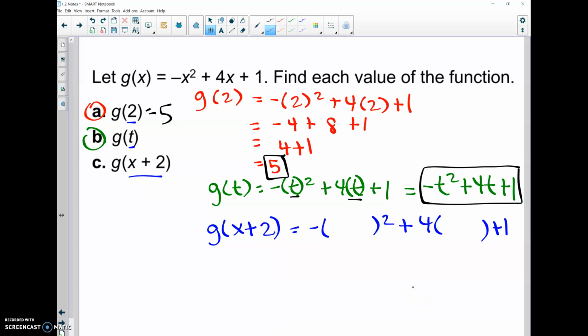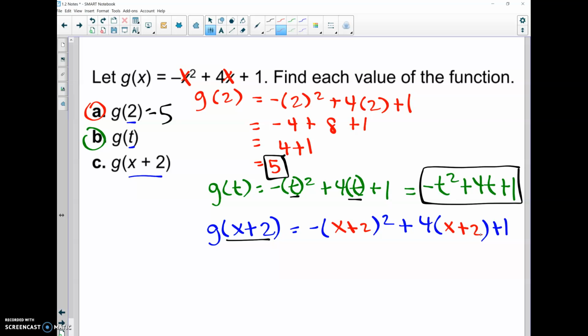Before you solve g of x plus 2, I figured I would just come down here and show you. For g of x plus 2, what you are substituting in for x is weird. You are substituting in an expression that involves x into something that has x. So whenever you see the x in your equation up here, you are plugging in x plus 2.